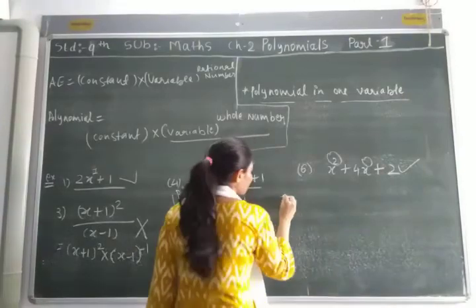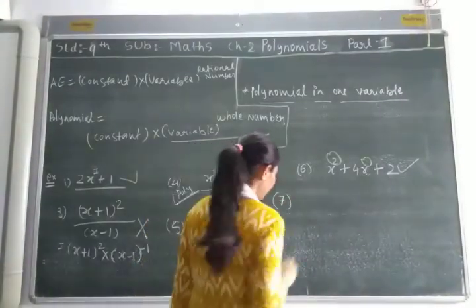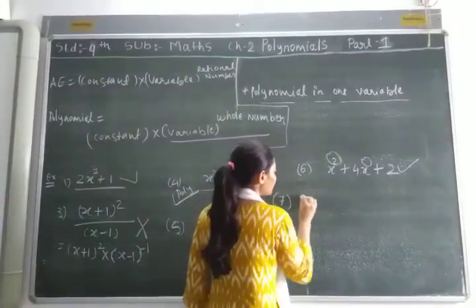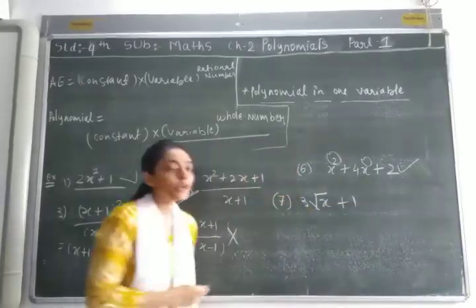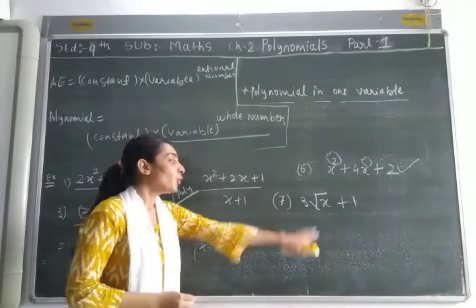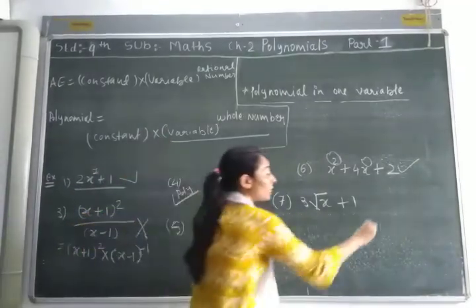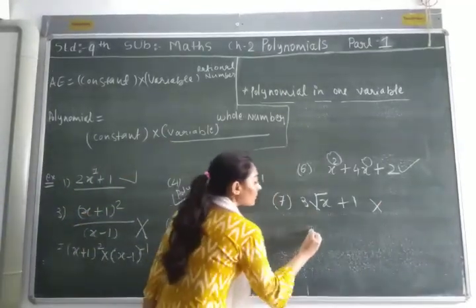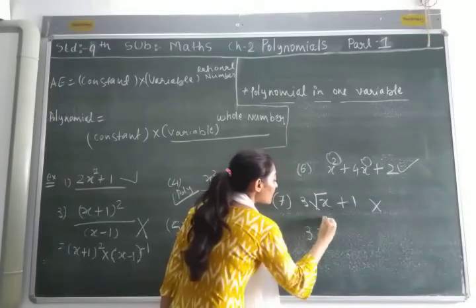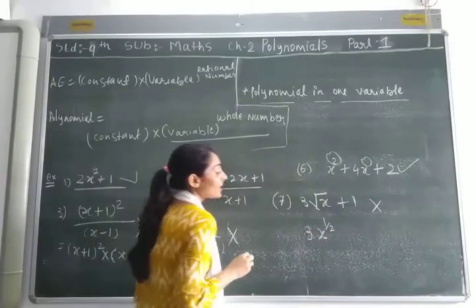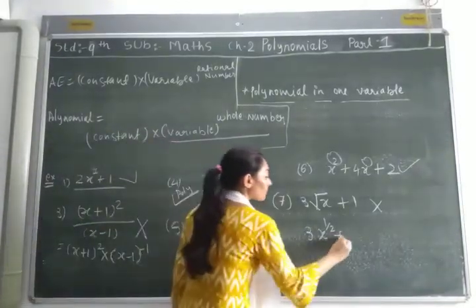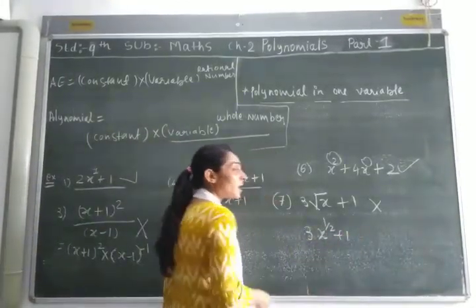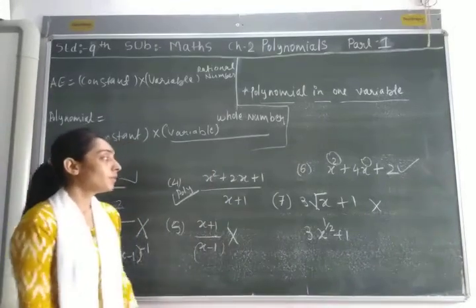Okay, what if, say, 3 root x plus 1? Is it a polynomial? No, it's not a polynomial. Why? Because the power of x is 1/2 and 1/2 is not a whole number.